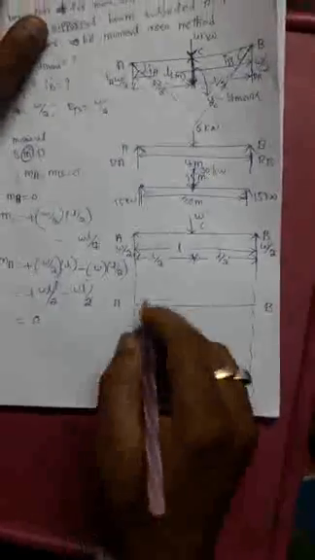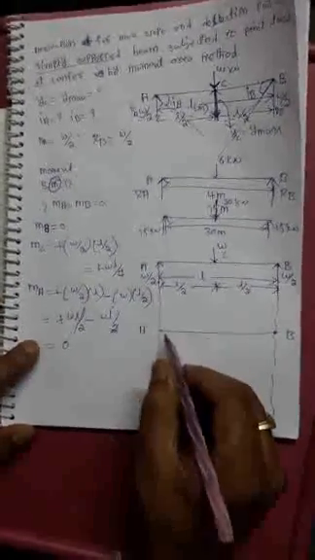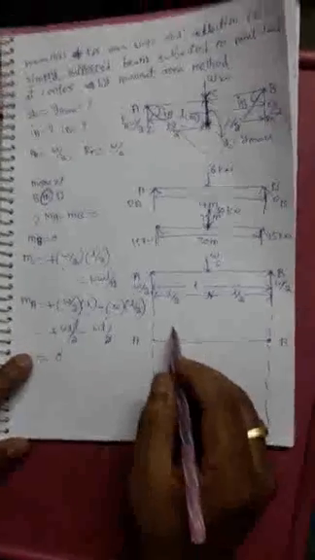So let me draw a diagram through the above values. Here MB equal to 0, and MC equal to WL by 4. The part above the reference baseline is plus sign convention, and the part below the baseline is minus sign convention.